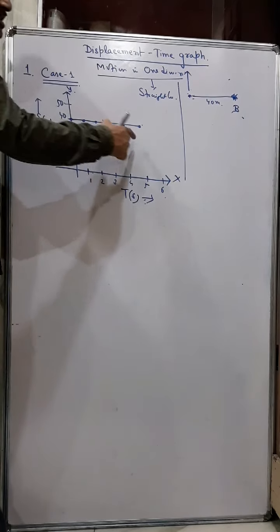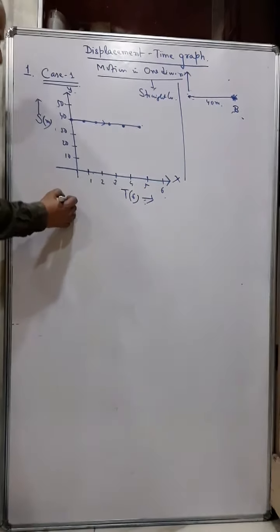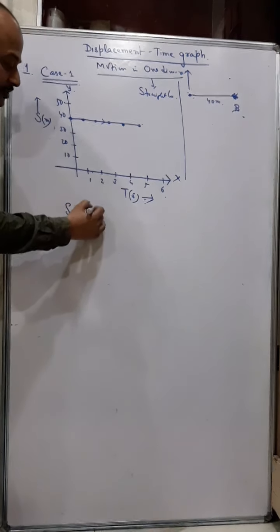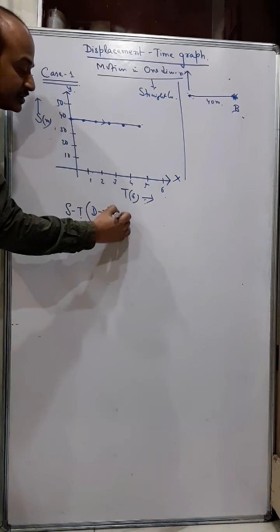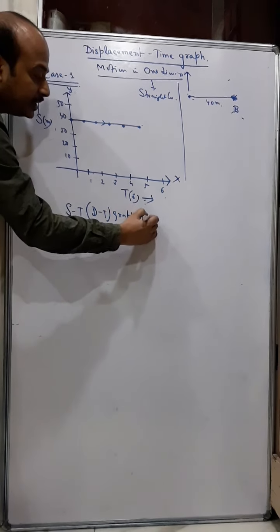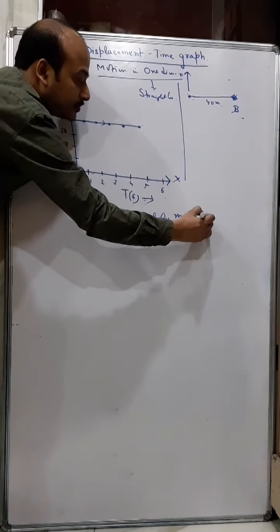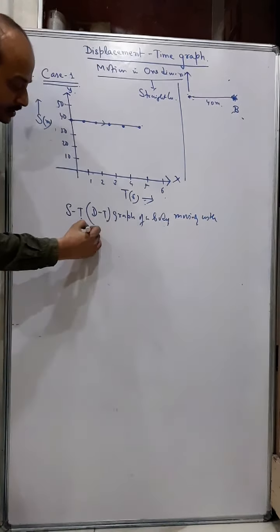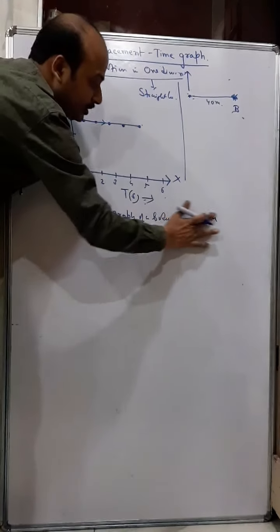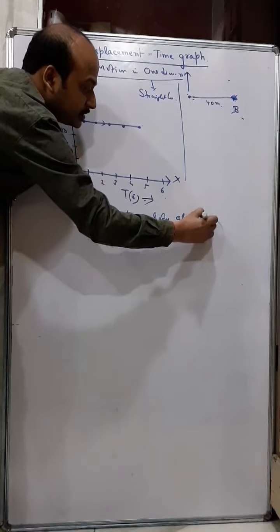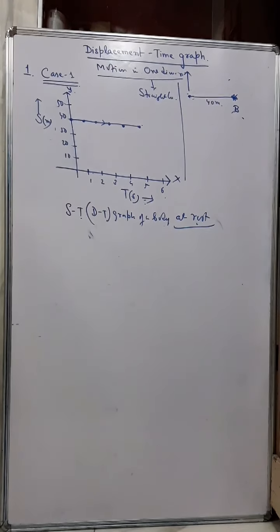In this case we can say this is the ST graph, or we sometimes also say DT graph, of a body at rest. So that means the body is not moving. Okay, so copy this.